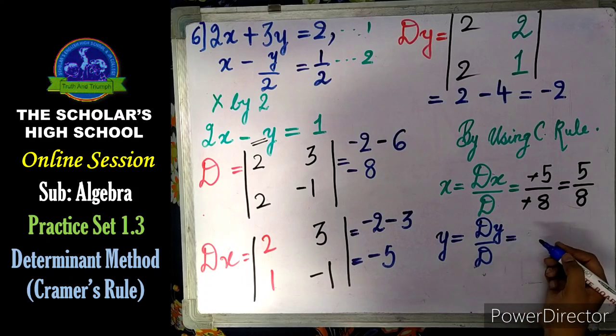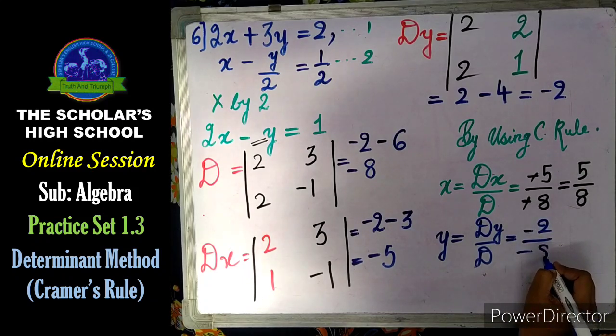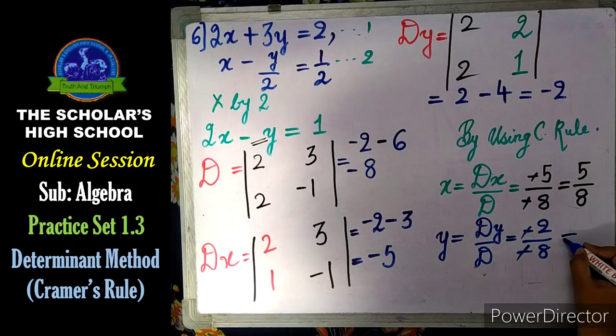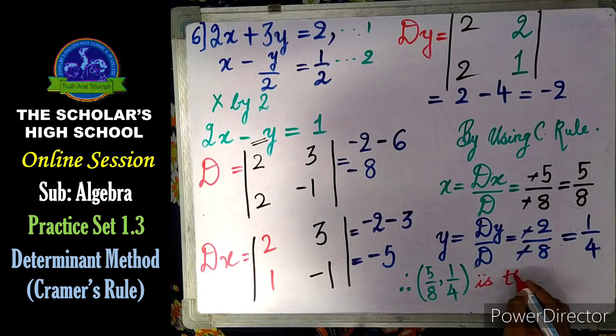The value of dy is minus 2 and d is minus 8. Again minus minus will get cancelled. 2 and 8 are divisible. 2 ones are 2, 2 fours are 8. So what is the final answer? You are going to write therefore 5 upon 8 comma 1 upon 4 is the solution of the given simultaneous equation.